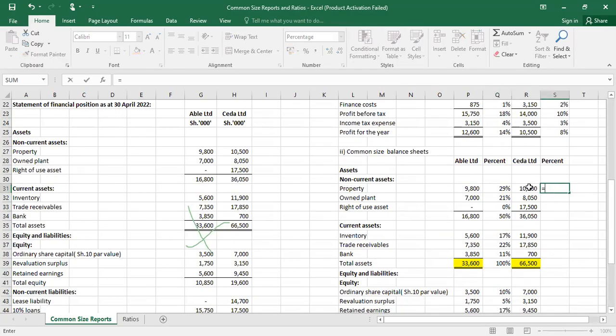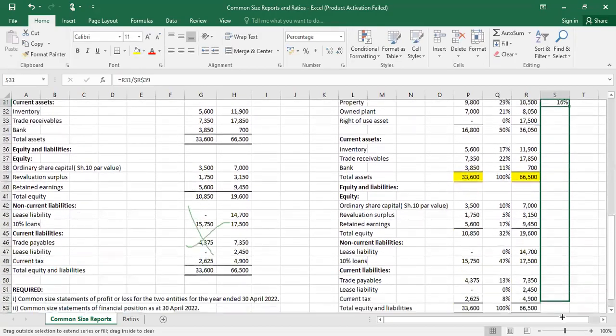The same thing will apply for CEDA. Property, the 10,500, I divide by total assets, the 66,500. I will lock the denominator. I will lock the total assets figure. And so I will drag the formula to the last item.